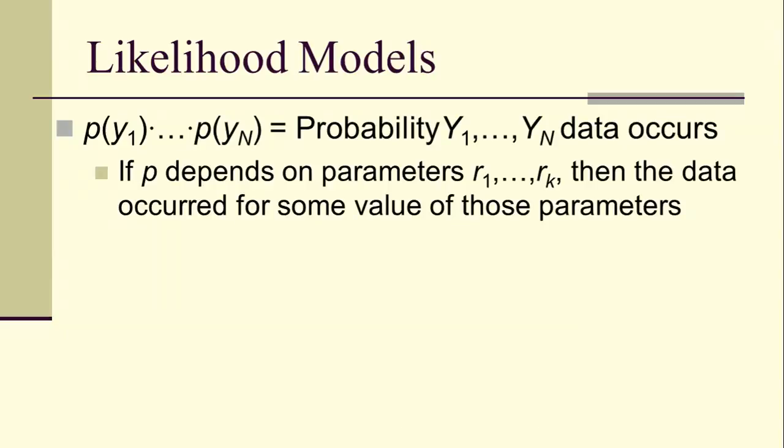So P of y1 up to P of y sub n is the probability that y1 up to y sub capital N occurs. And we're going to assume that it depends on some parameters, say R1 up to RK.